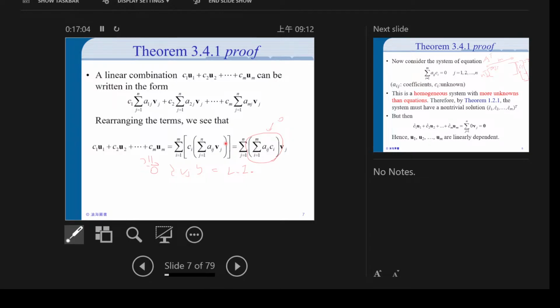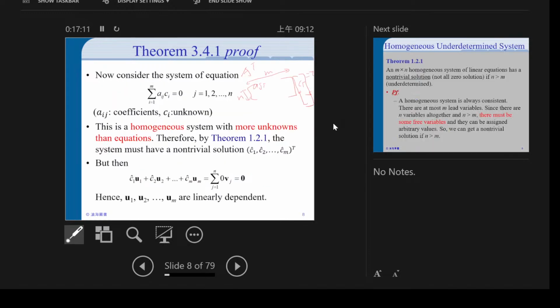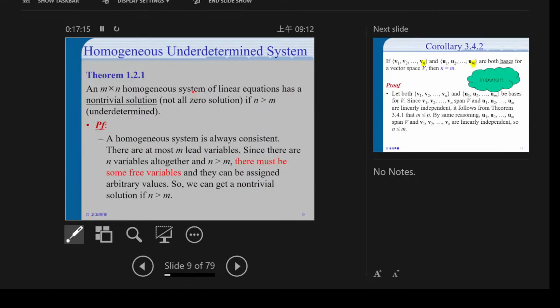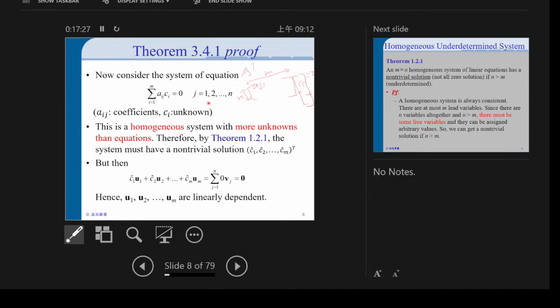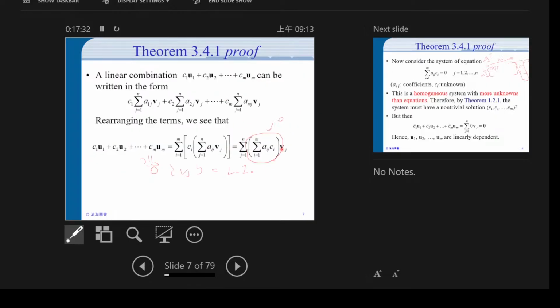So now we have a whole bunch of equations saying things are equal to 0. For every Vj we have a coefficient equal to 0. So we have an equation for j from 1 to n, and it says the sum over i from 1 to n of Aij Ci is equal to 0.